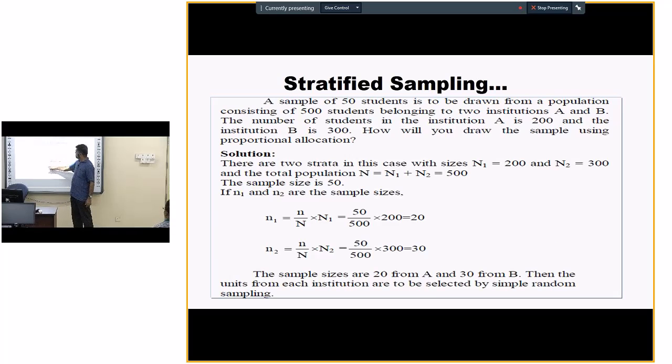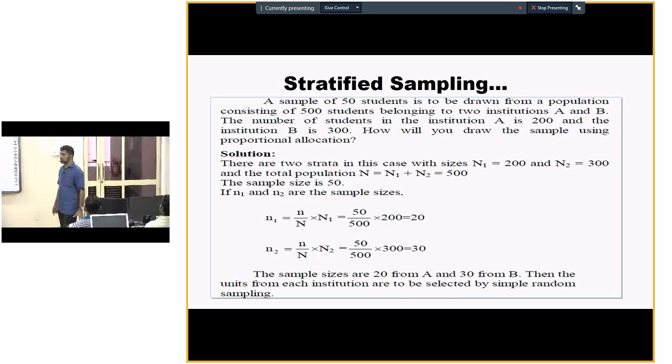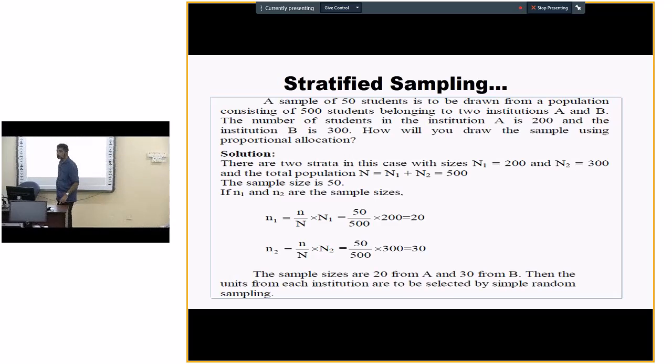Out of 500 we have to take 50, so from 200, how many? 20. Then from 300, 30. So 20 from A and 30 from B. Now we can apply the random sampling method for identifying 20 from institution A and 30 from institution B. Is it clear? Right.